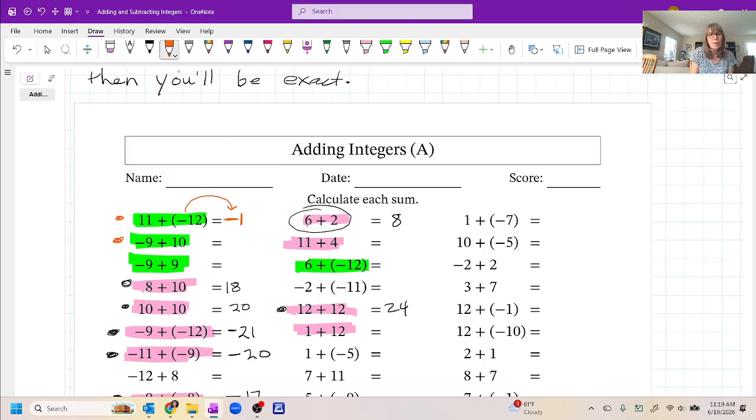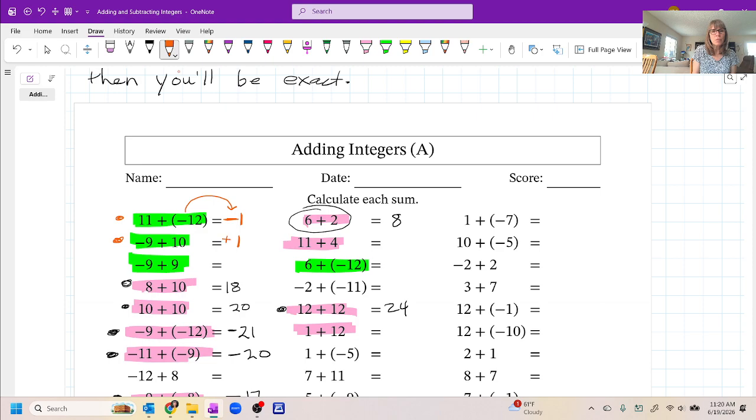In this example, I have 2 numbers with different signs. I have $10 of positive money and I have $9 of debt. So when I add these 2 numbers together, I want to subtract the number parts, just the number parts without the sign, and 10 minus 9 is 1, and I want to keep the sign of the larger number, which is 10.